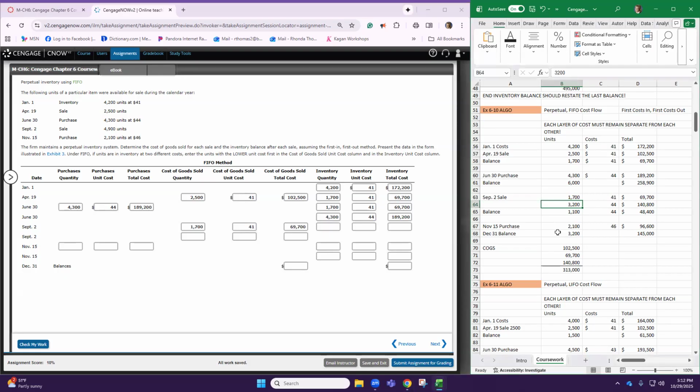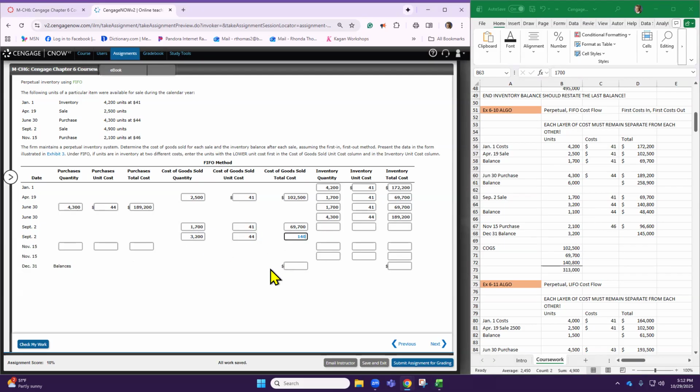So if you take 1,700 units plus 3,200 units, there you get your 4,900 units. This 3,200 units are at the $44 cost.